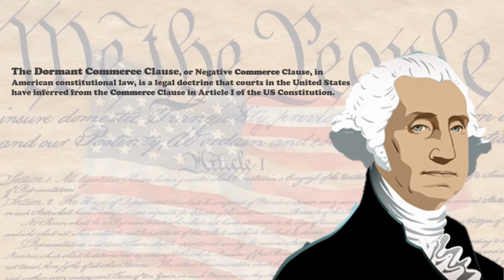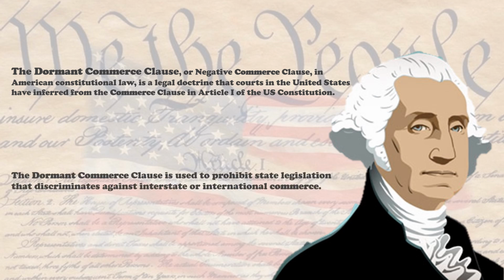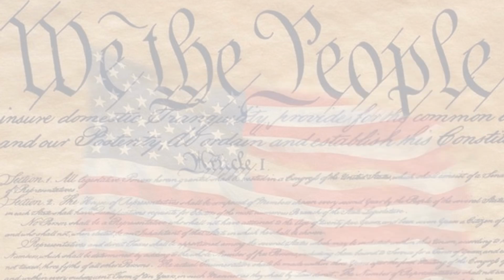Now, where does this come in? It comes in under the dormant clause or the negative commerce clause. In American constitutional law, there's a legal doctrine that courts in the United States have inferred from the Commerce Clause, which is Article 1, Section 8 of the Constitution. The Dormant Clause is used to prohibit state regulation that discriminates against interstate or international commerce.